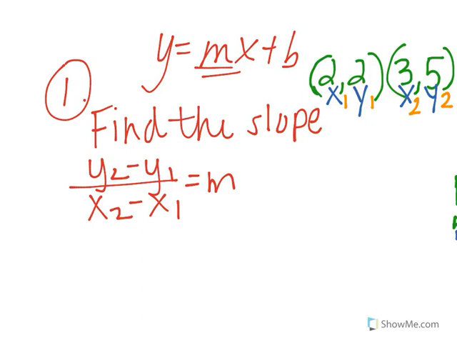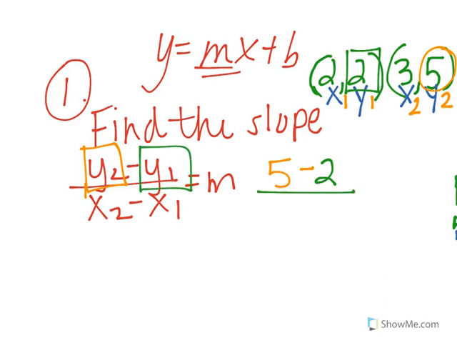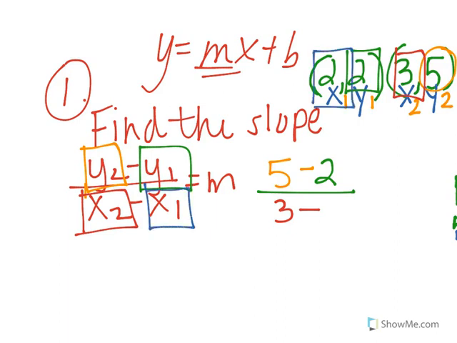For y2, your y2 was 5, so I'm going to put 5 minus your y1, which was 2. Then your x2 was 3, so I'm going to plug in 3 minus your x1, which was 2.